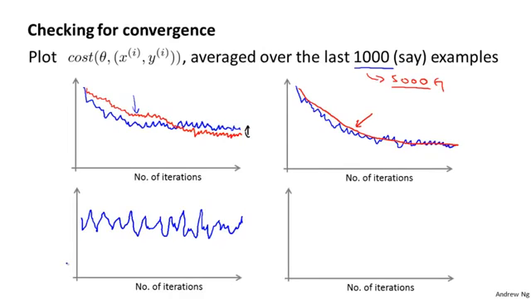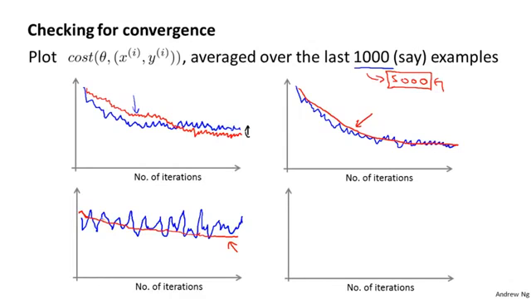But if you were to increase this to averaging over a larger number of examples, it's possible that you see something like this red line. It looks like the cost actually is decreasing. It's just that the blue line, averaging over too few examples, was too noisy, so you couldn't see the actual downward trend in the cost. Possibly averaging over 5,000 examples instead of 1,000 may help.